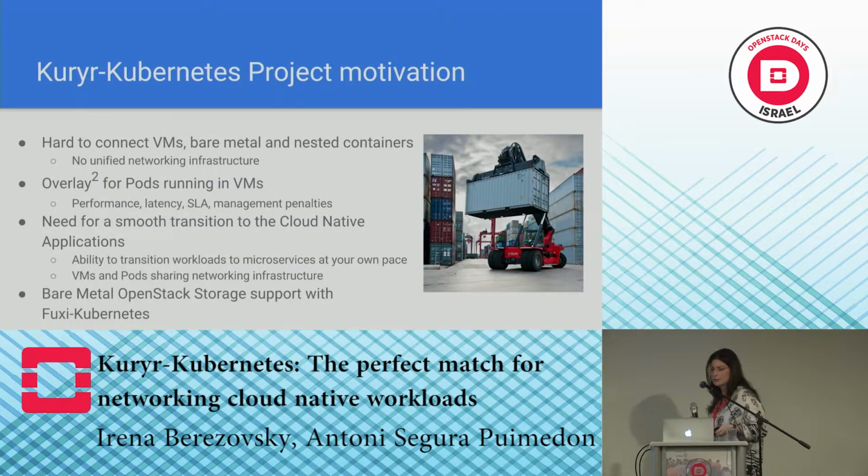So what was the Kuryr Kubernetes project motivation? What we saw is that in OpenStack environments where there are already virtualized workloads, users want to deploy containers, usually managed by different container orchestration engines, such as Kubernetes, Mesos, or Docker Swarm.